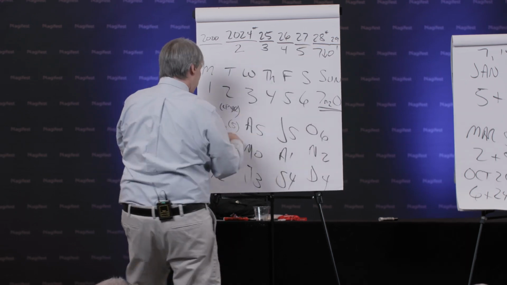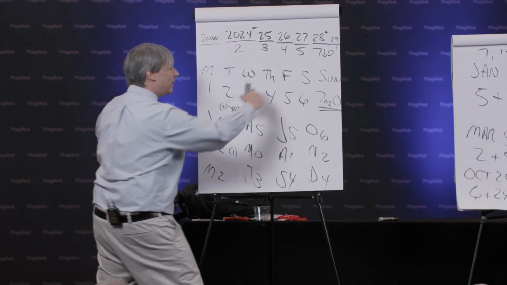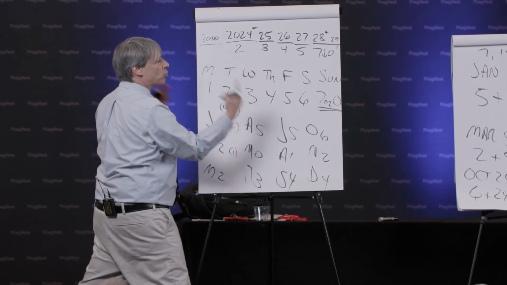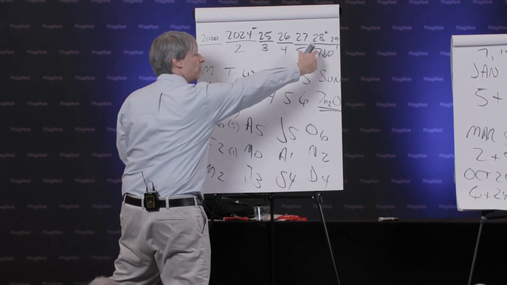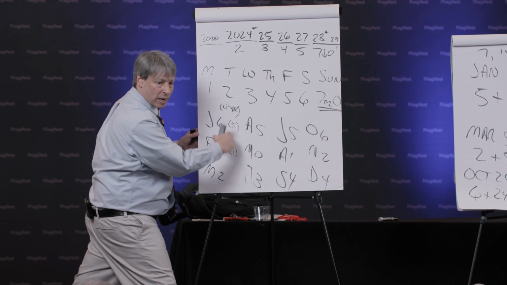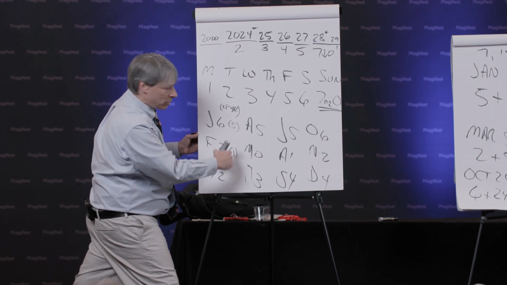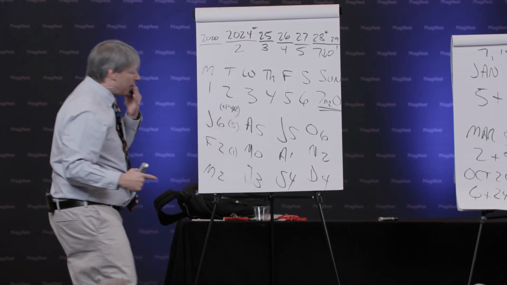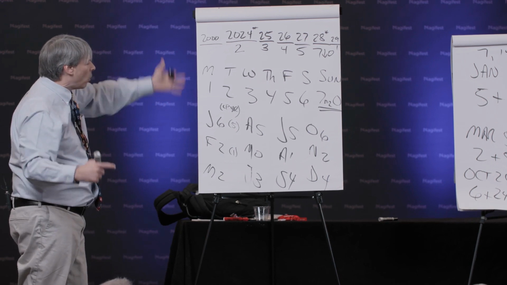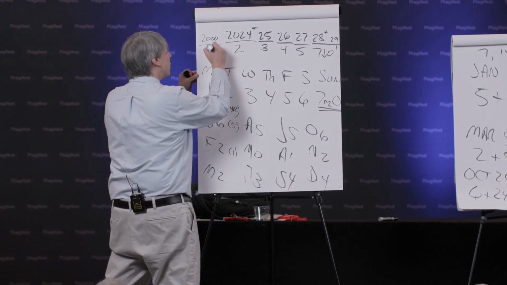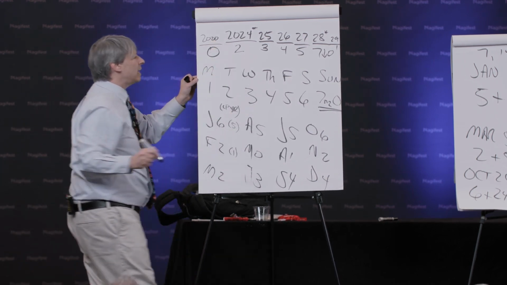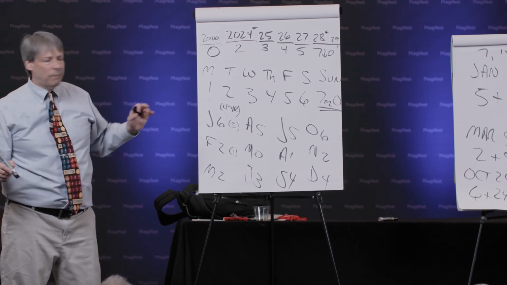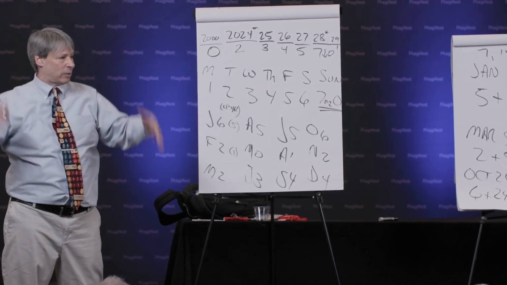So if it was a month of January or February in a leap year, you should subtract 1 somewhere, either from the year or from the month code. I do it from the month code, okay? So that's why we have that. And so why does this work? 2000 gets a year code of 0. I just set it that way, okay?